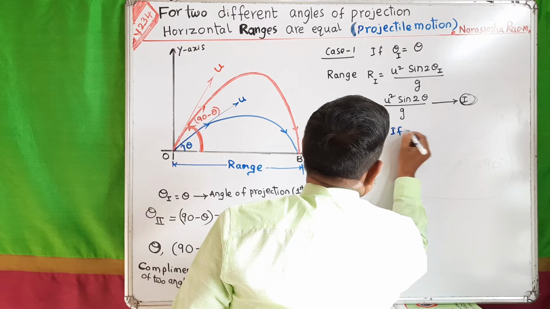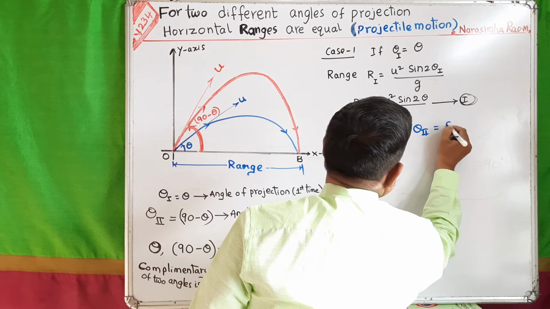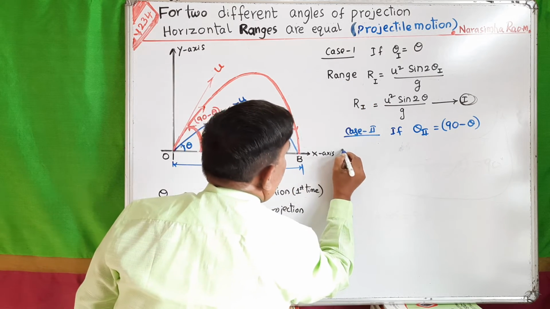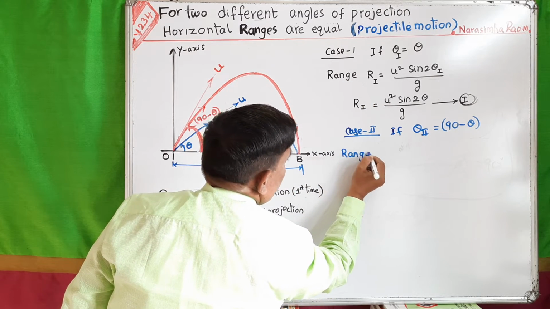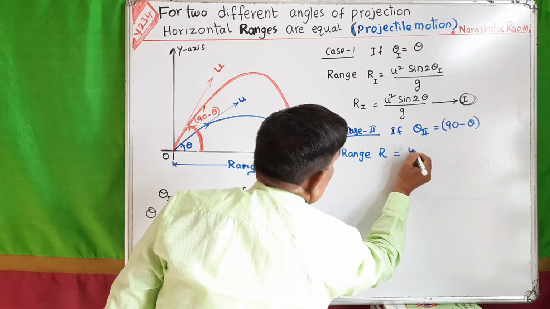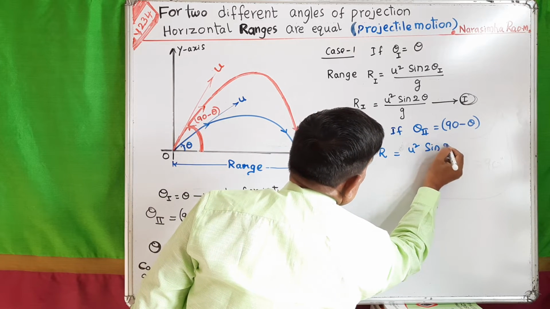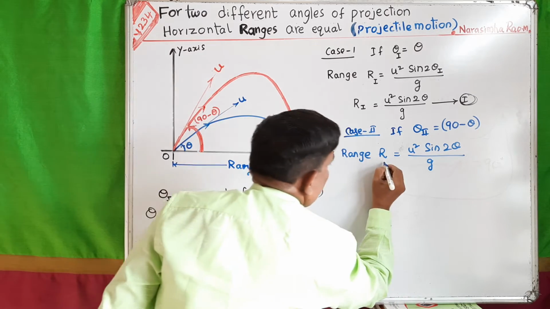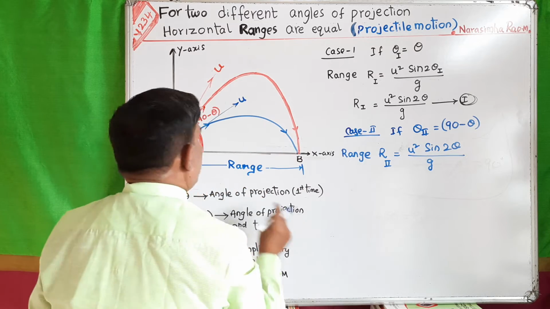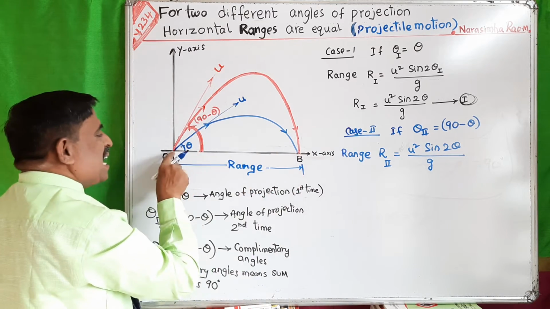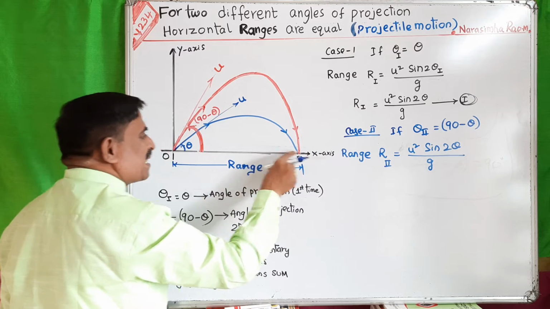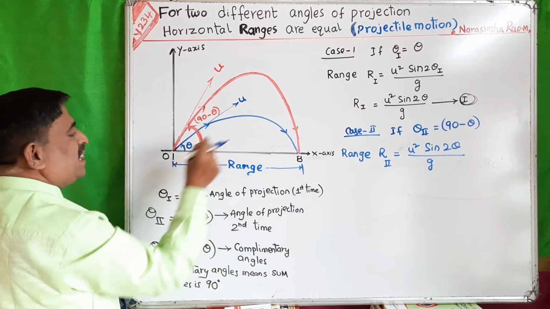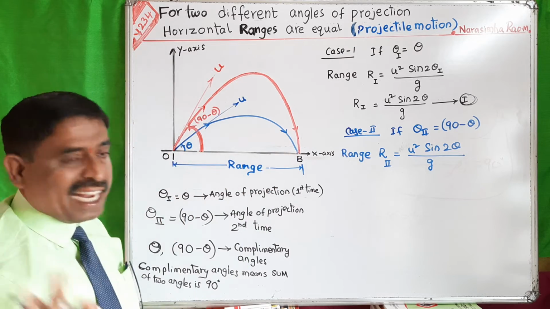Now range formula: range R is equal to u square sine 2 theta by g. Second time range I am taking as R2. This is the maximum horizontal distance traveled by the projectile during the time of flight. We are calling it the range. In this diagram OB represents range.